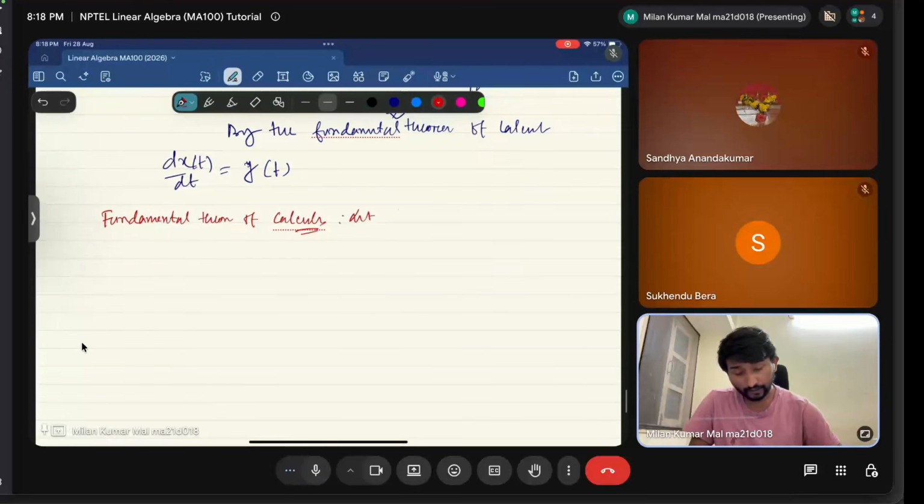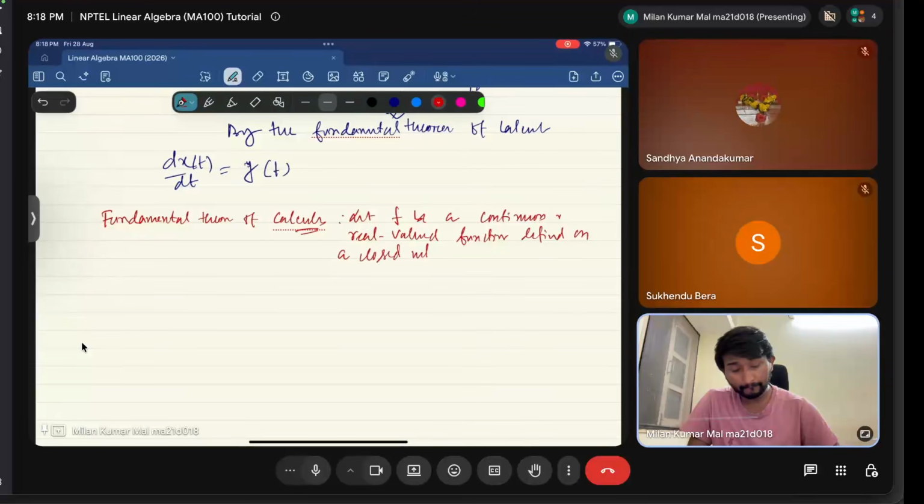Let f be a continuous real valued function defined on a closed interval [a,b].